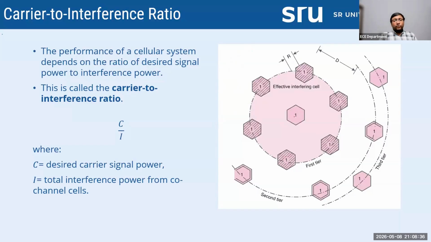Suppose the mobile station is sitting here, and the base station is also in the same hexagonal cell. This base station is communicating with this mobile station. Everything should happen within that cell only.